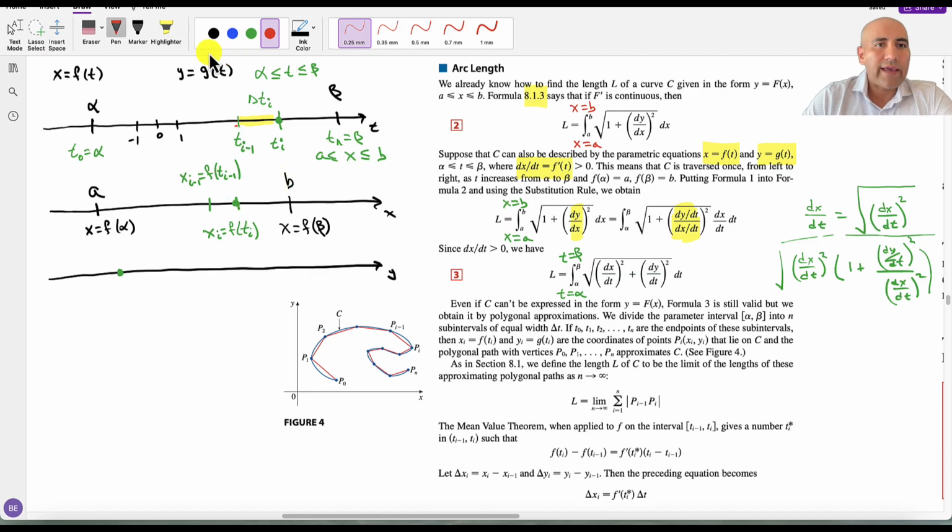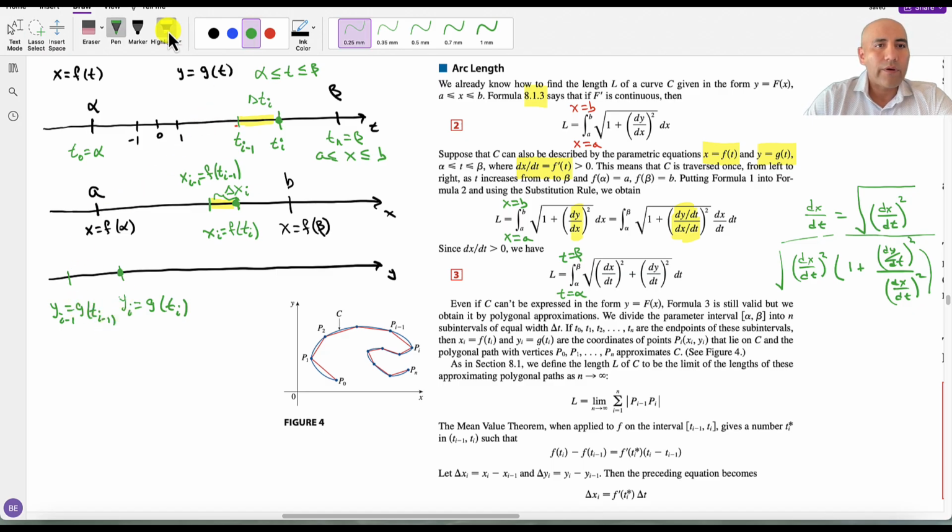Okay, and so now we have a change, this guy right here, which will be the change in the x sub I value. This guy will be the delta x sub I value. And likewise, we have a corresponding change in the y-axis direction. So this will be the point y sub I, which becomes g evaluated at t sub I. And then somewhere around over here would be maybe y sub I minus 1, which is g of t sub I minus 1.